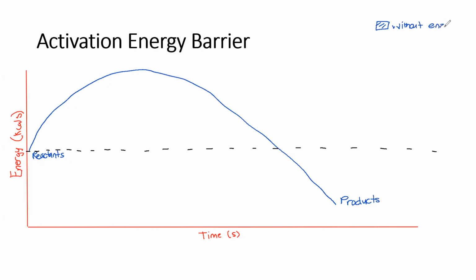On the other hand, let's look at what happens when our enzymes are involved. So let's make another curve here, and this is going to be with an enzyme. So how will the reaction proceed in the presence of an enzyme?